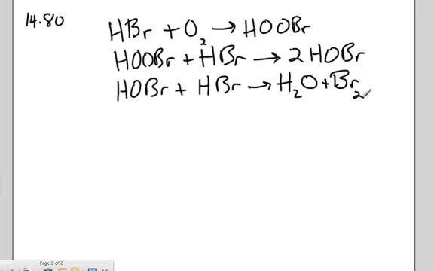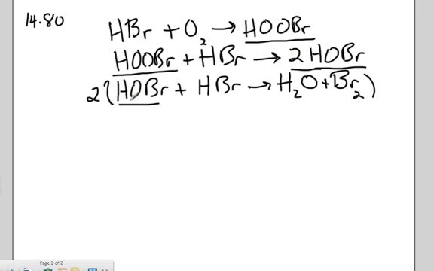Now, we correctly identified the intermediates as HOOBr, because it's produced and then consumed, but another intermediate is HOBr, and the problem is that you produce two here, but you only use one here. So we're going to multiply this final step in the mechanism by 2 so that I get that intermediate to cancel out.